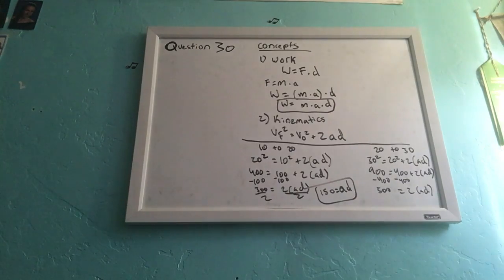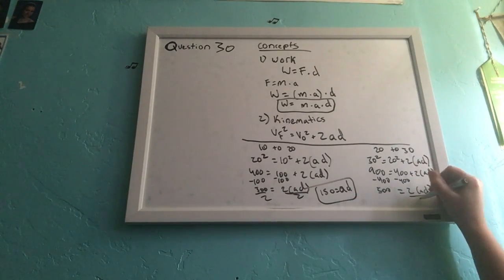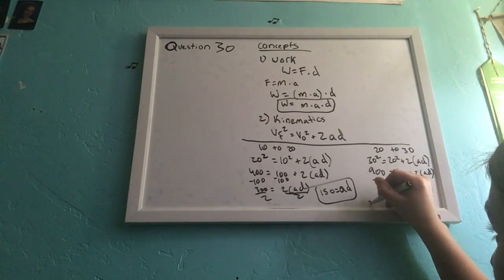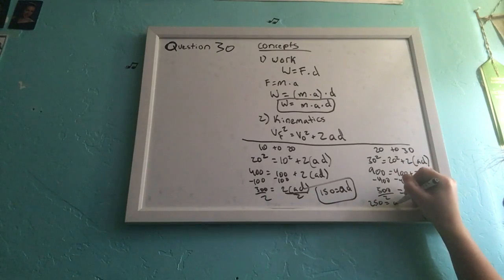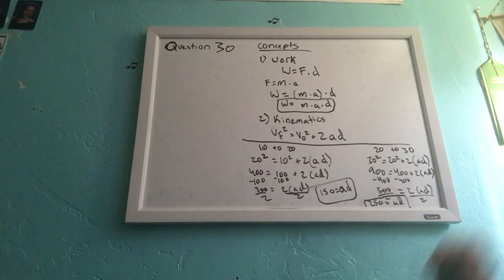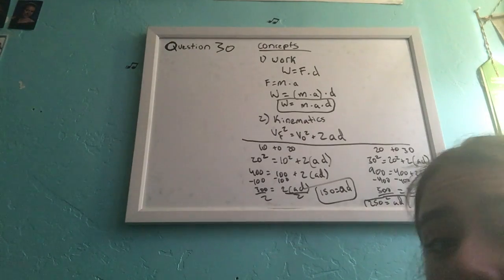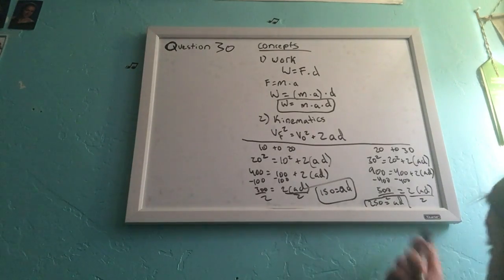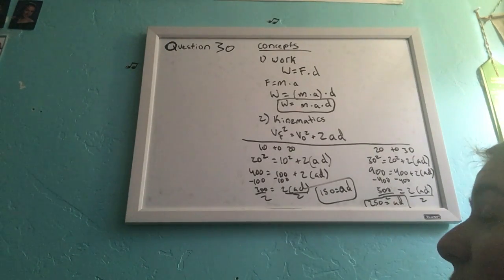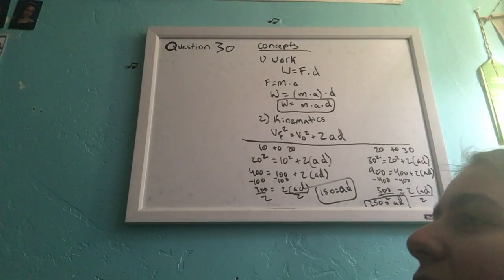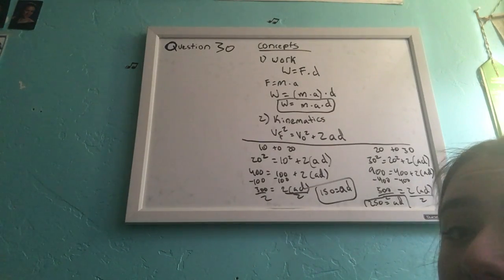If I divide by 2, I get that 250 equals AD. And if I'm comparing, I can see that going from 20 to 30, the work is greater than the work required to go from 10 to 20.